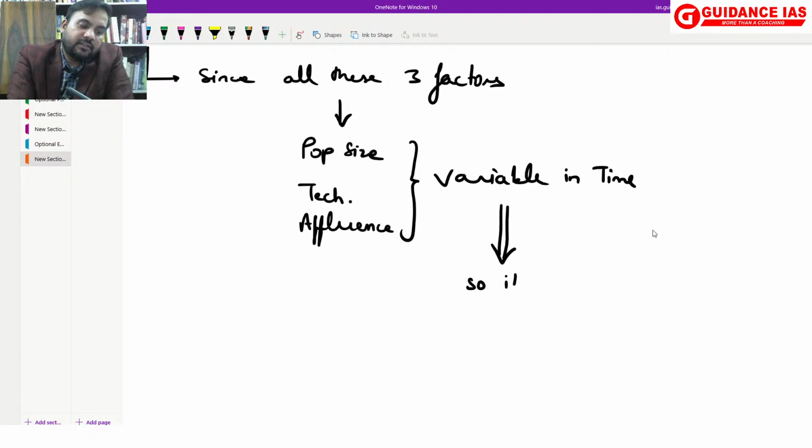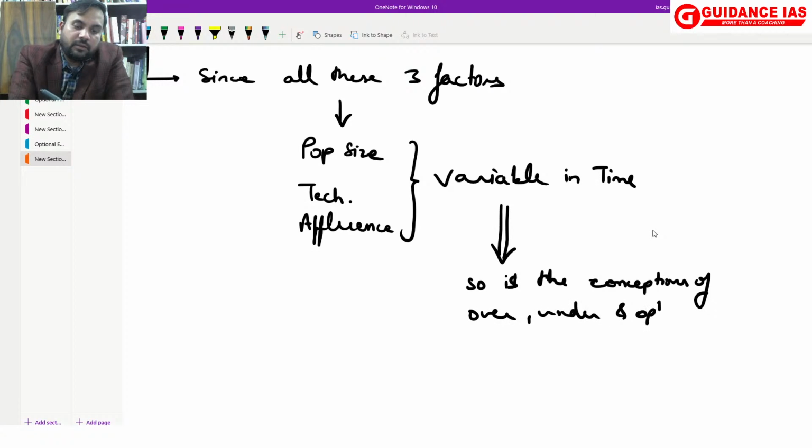So the conceptions of over, under and optimum population are also variable. You can give an example for each of these categories.